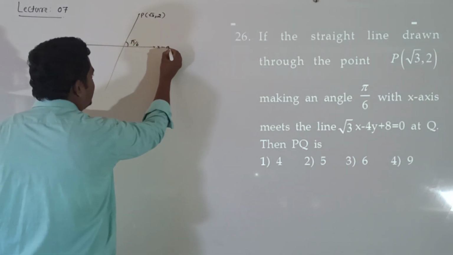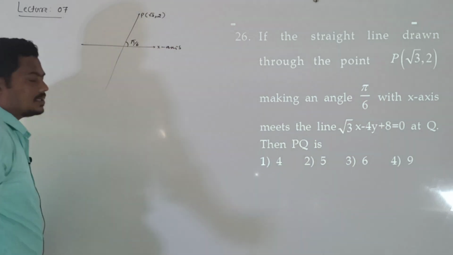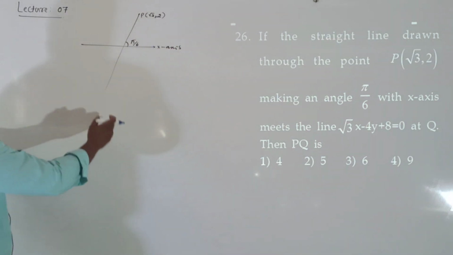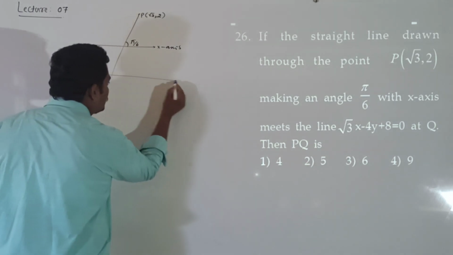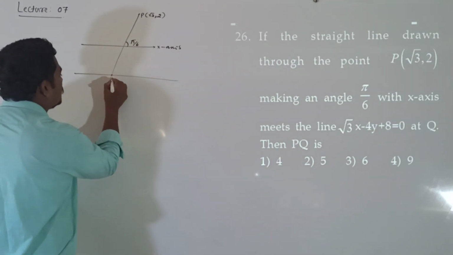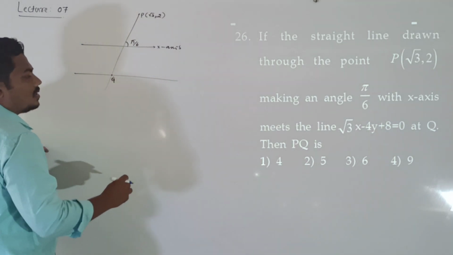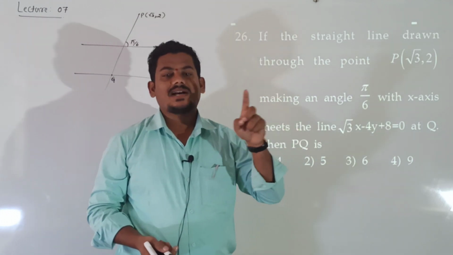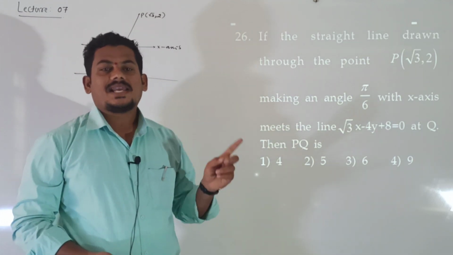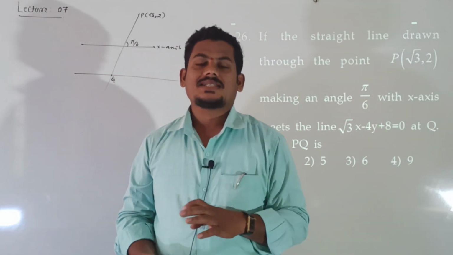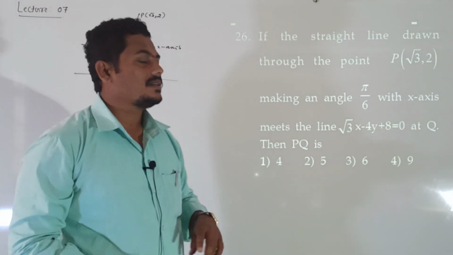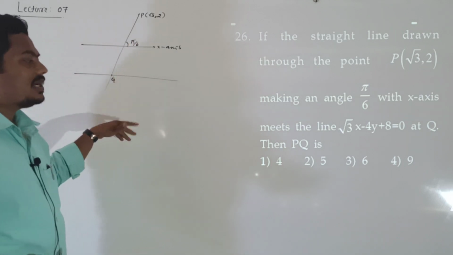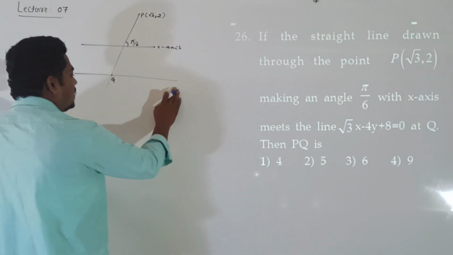This line meets the given line at Q. Our required line meets one more line at Q.